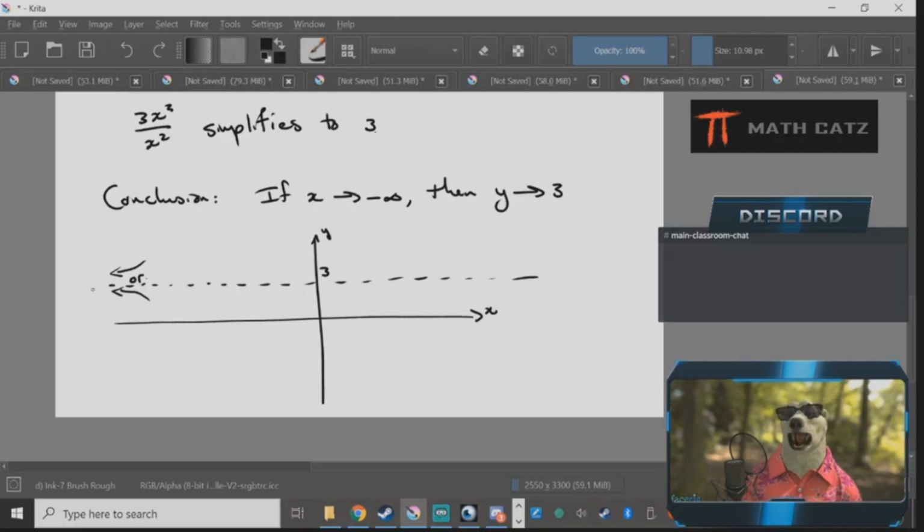Regardless, it wants to become a horizontal line as much as possible, and I do that by going further and further to the left. So because I am approaching a specific number, I have a horizontal asymptote, which is y equal to 3. It's the equation of this horizontal line.